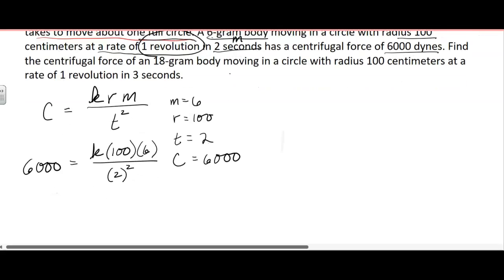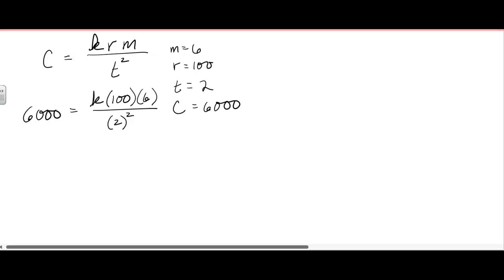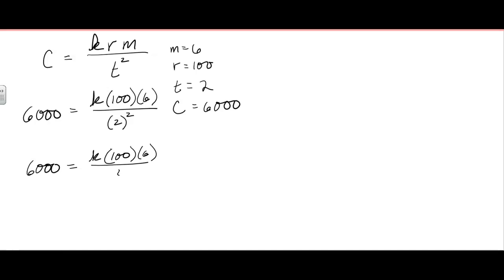I would probably do some hand math before I run to my calculator. 6,000 equals K times 100 times 6 over 4. Then I would cancel the 4 into 100. It goes 25 times. And then I'd figure out what 25 times 6 is.